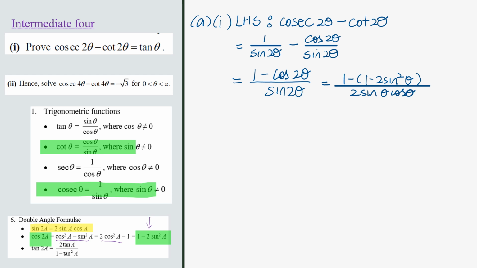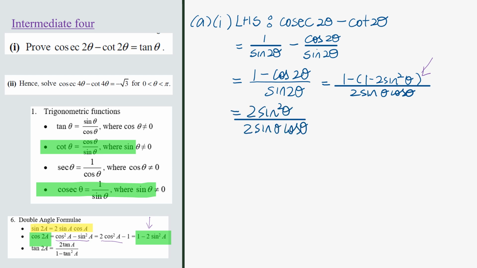And of course, your sine 2 theta, you can write it as 2 sine theta cos theta. Look at what happened to the numerator. I use cos 2 theta, and when you open up this bracket, what you get is 1 minus 1 plus 2 sine squared theta. So you eliminate the 1 and you make the expression simpler.